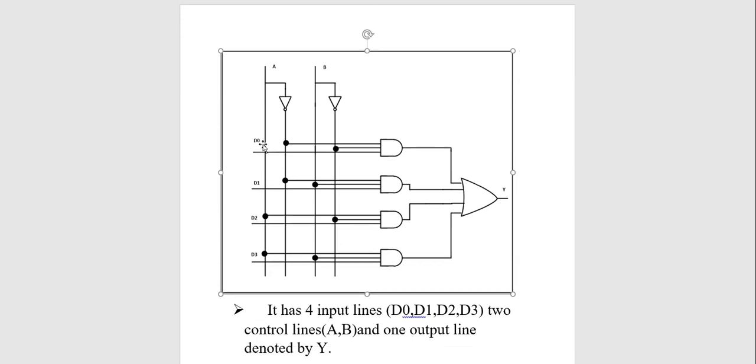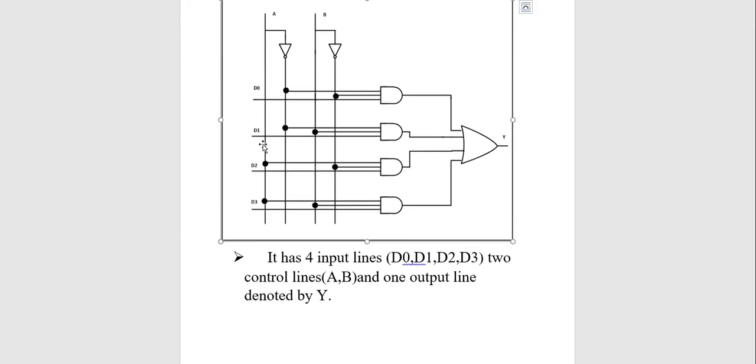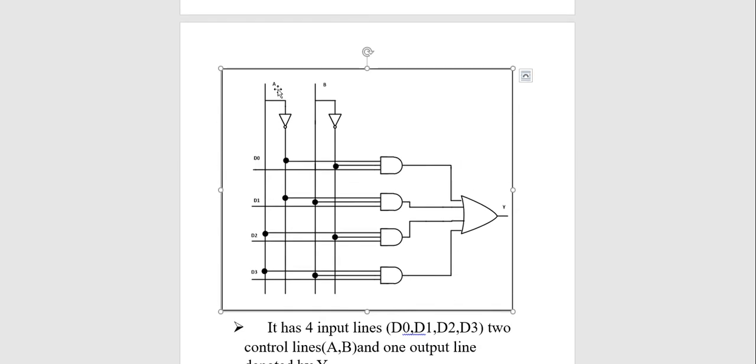Now when we give the input as 1 0 or 0 1, first we will see 0 1. If I give the input 0 1, then D1 will be selected. The next input selected is D1, in which the second input is inverted A, because the control is 0 1, so A is inverted and B is 1.